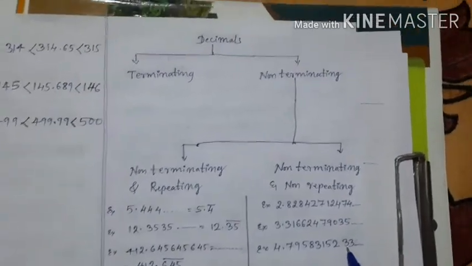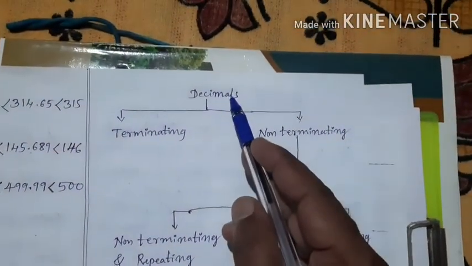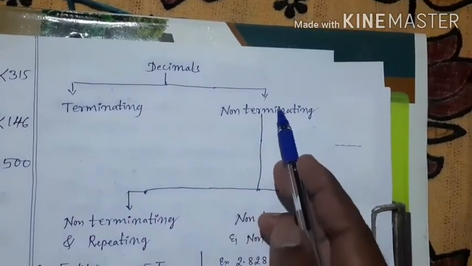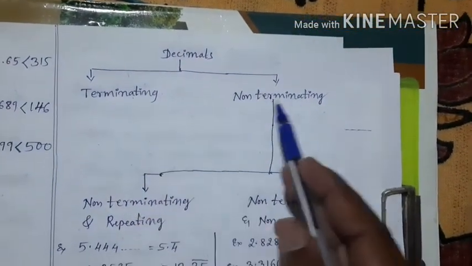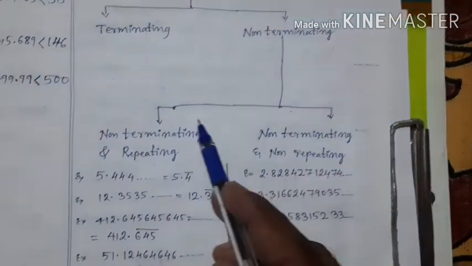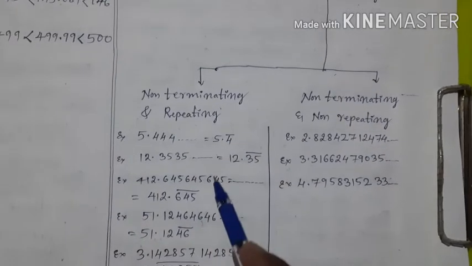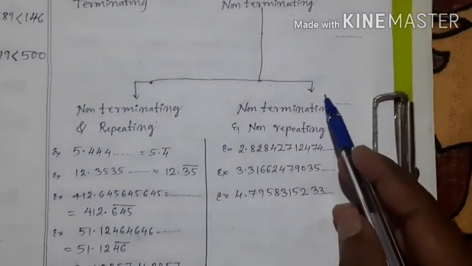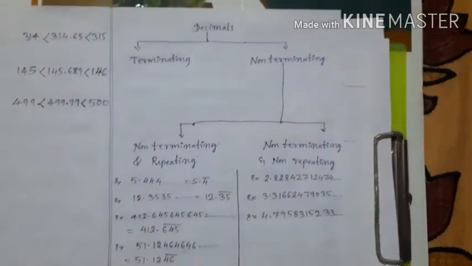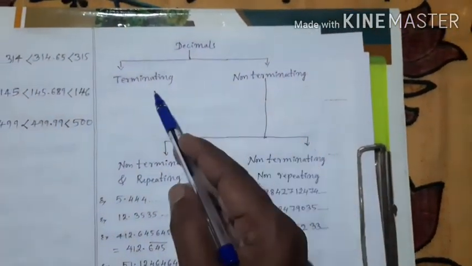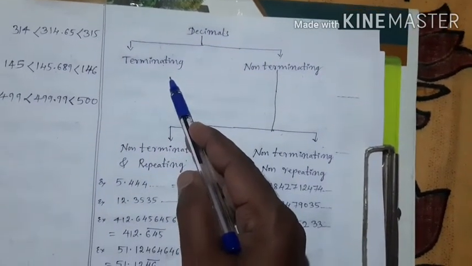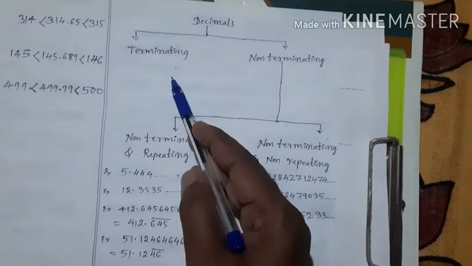This is how we saw what we mean by decimal and the different types of decimals. Okay, there are terminating decimals and non-terminating decimals, and again in non-terminating decimals there are non-terminating and repeating decimals and non-terminating non-repeating decimals. Okay, but remember children, terminating decimals are examples for rational numbers because they can be written in the form of p by q.